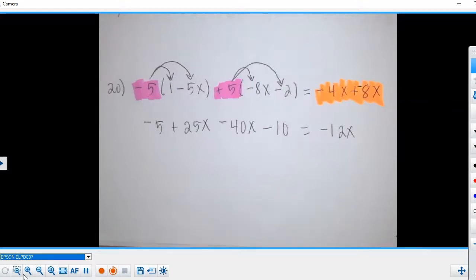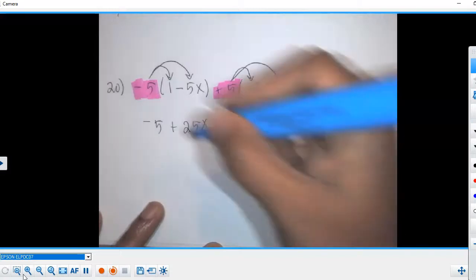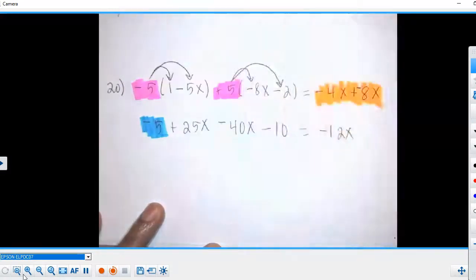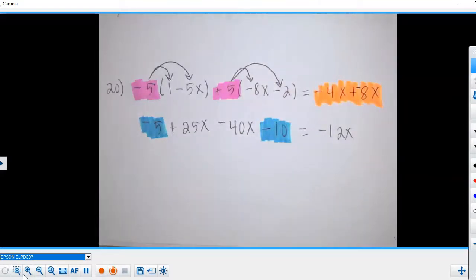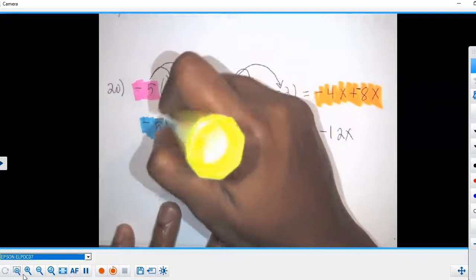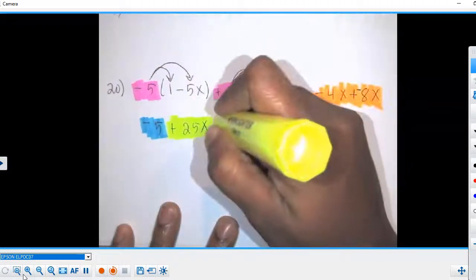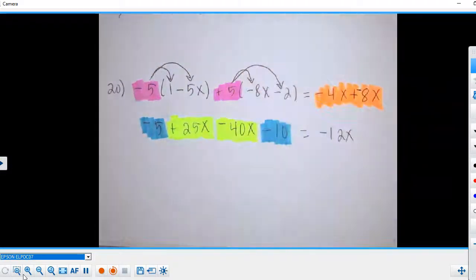Now what I'm doing is, again, I've simplified this side. So now I'm going to look and say, who's like terms? I notice I have a number here, -5. I have a number back here. Those are like terms because they have no x. And then I look at my x terms. I have a +25x. I'm going to combine that with a -40x.